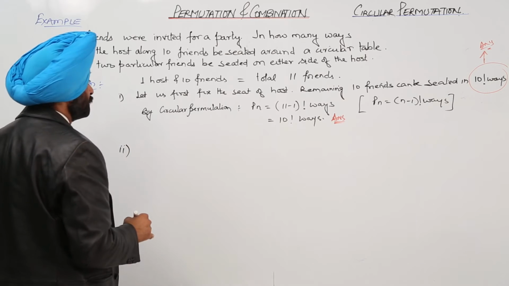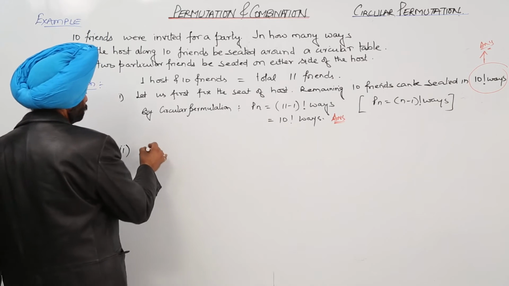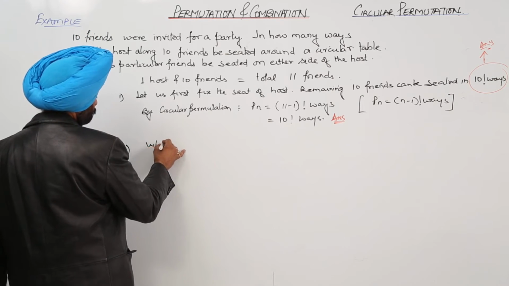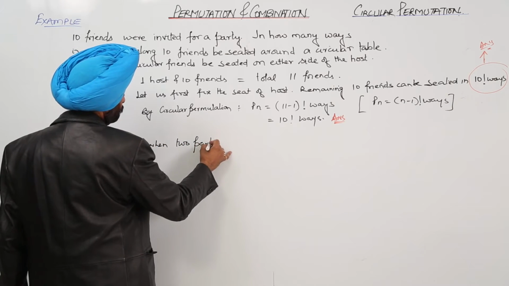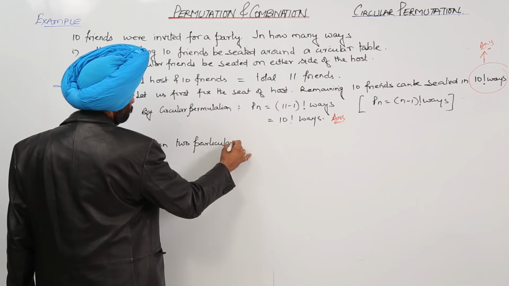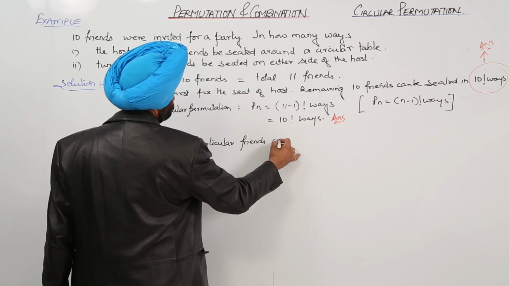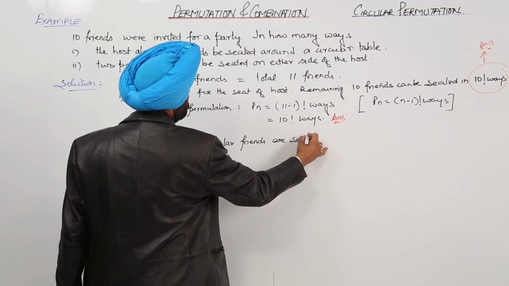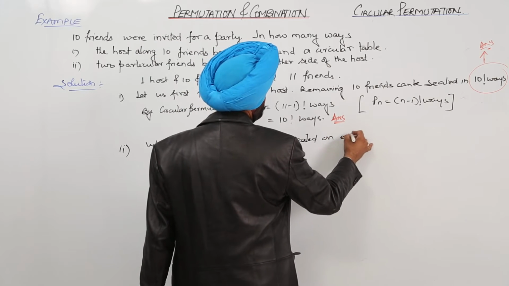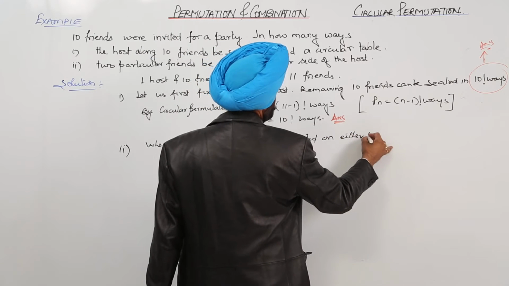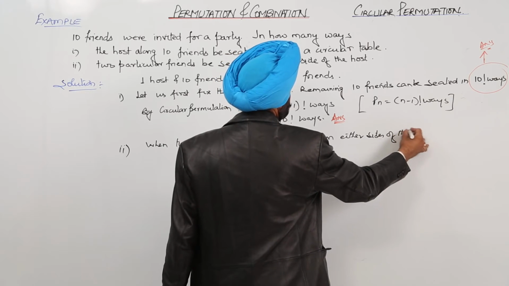Number 2. Now what have they given? Two particular friends be seated on either side of the host.